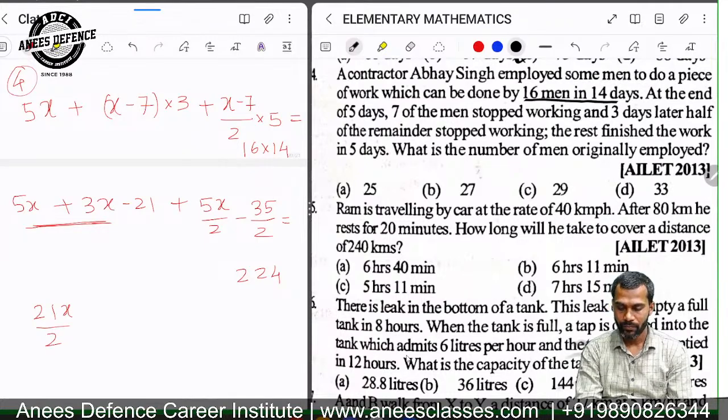And that is equal to 224 plus 21, that is 245, plus 17.5.